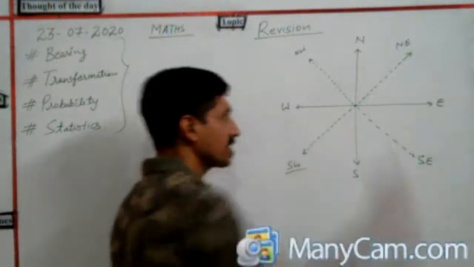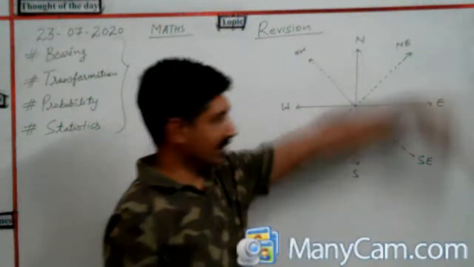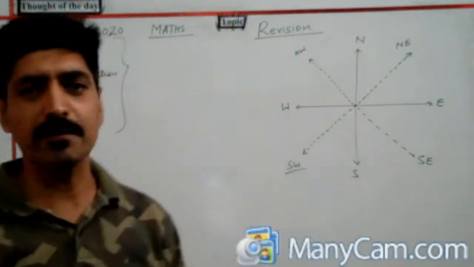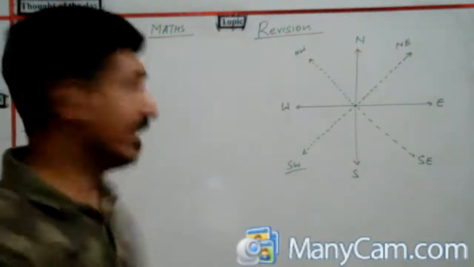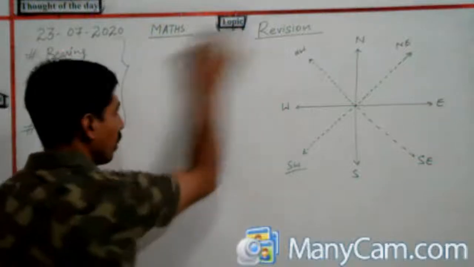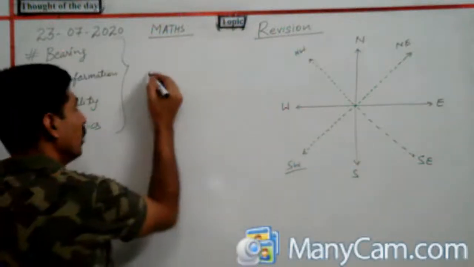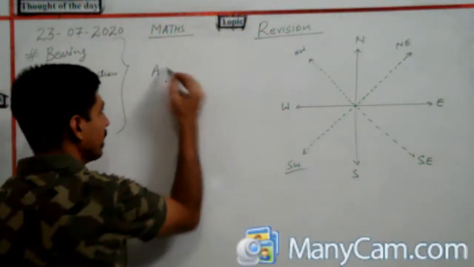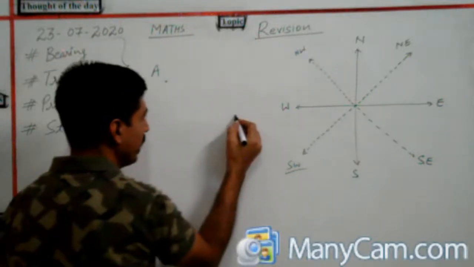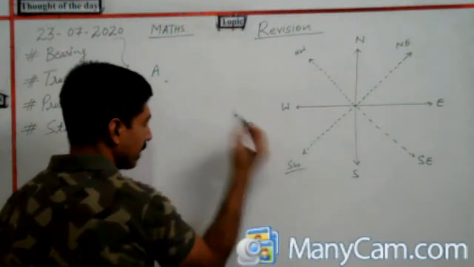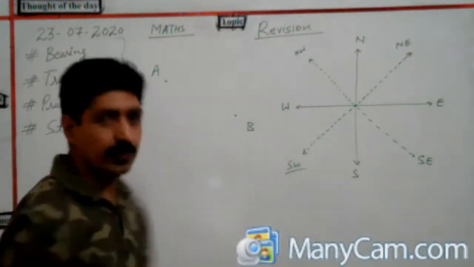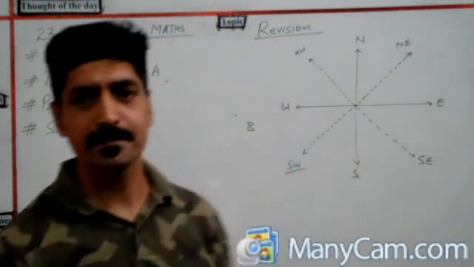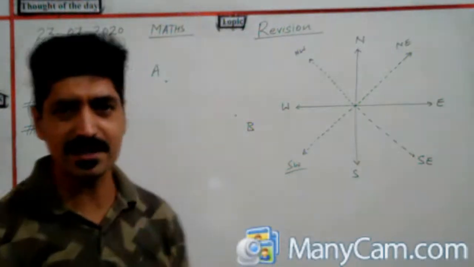About the angles, consider two ships on the vast sea, one ship at point A and another at point B. For any two objects, the north direction remains the same.